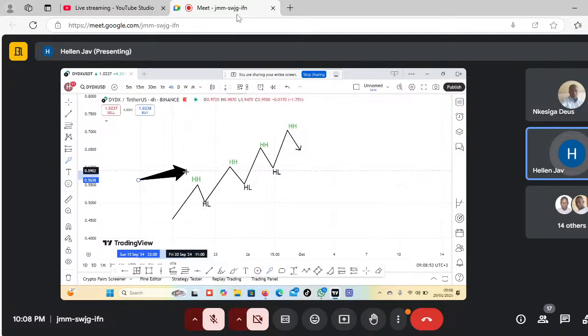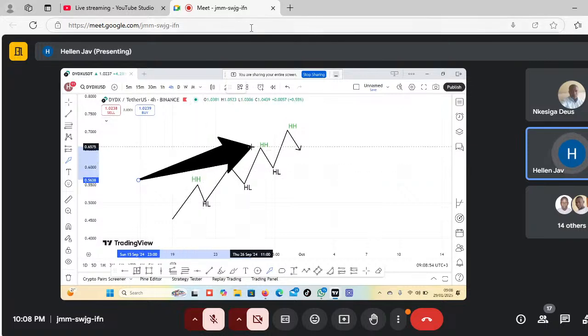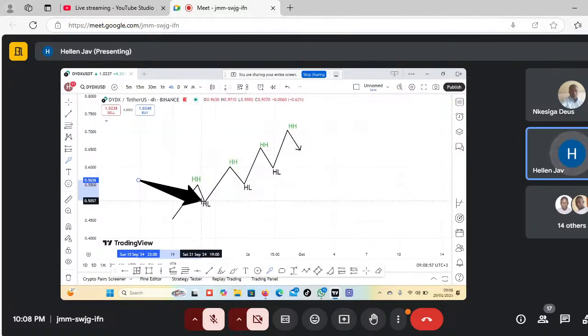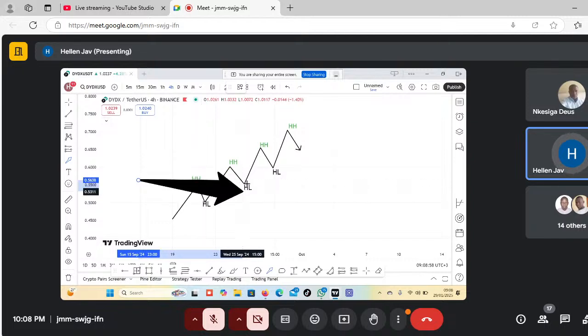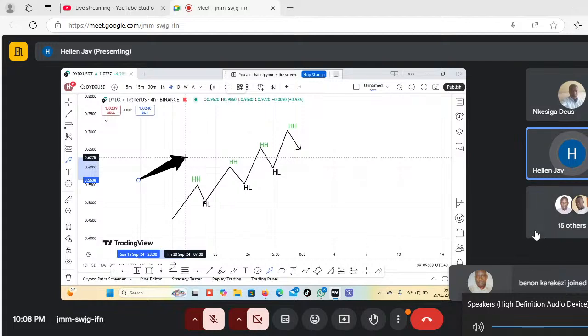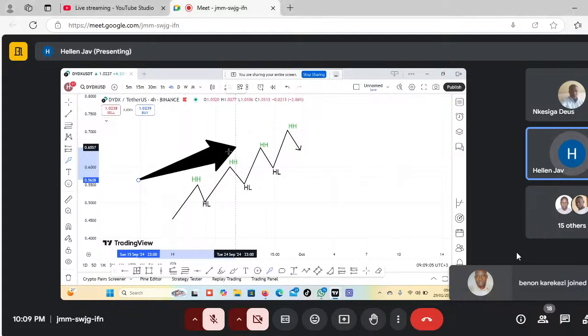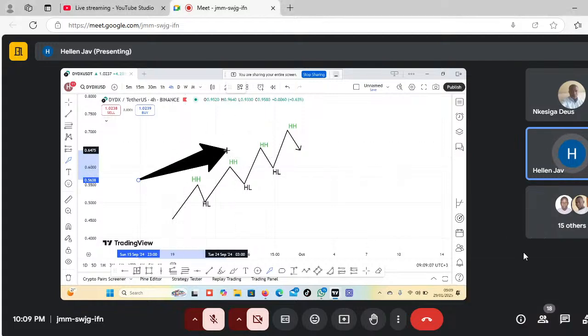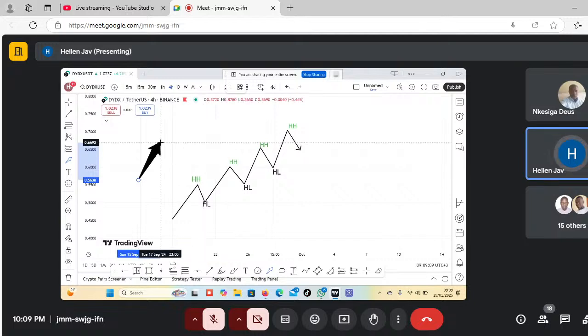So we keep on forming the higher highs, and then we form the higher lows on the downside. I was wanting to tell you how we can use this kind of structure to get our entries. One thing you have to know is that when we are dealing with an uptrend, we always form two movements.